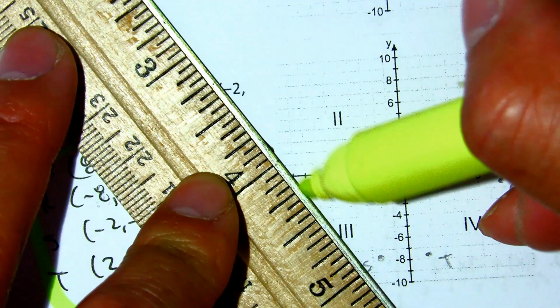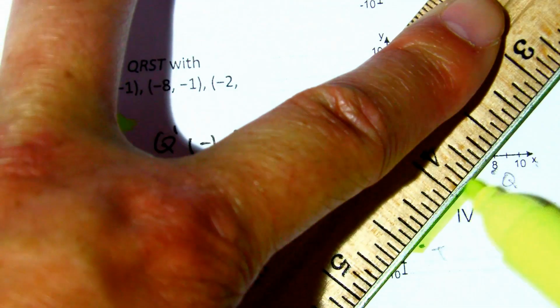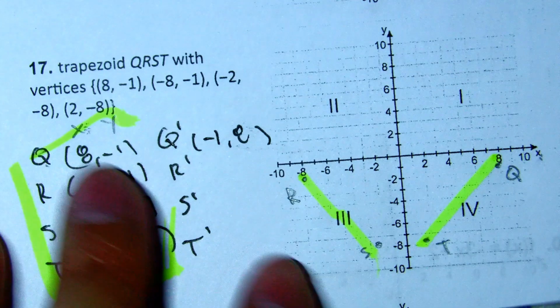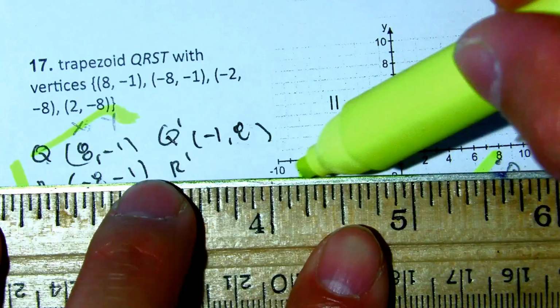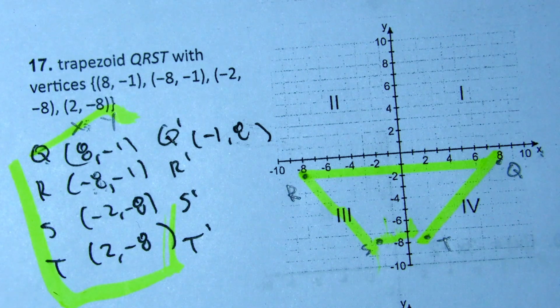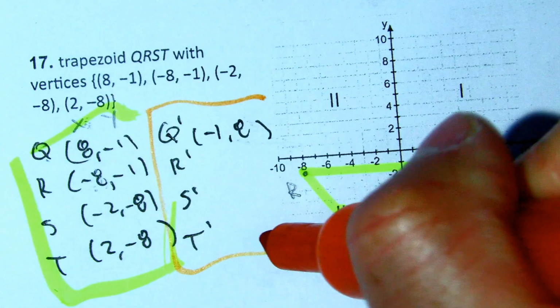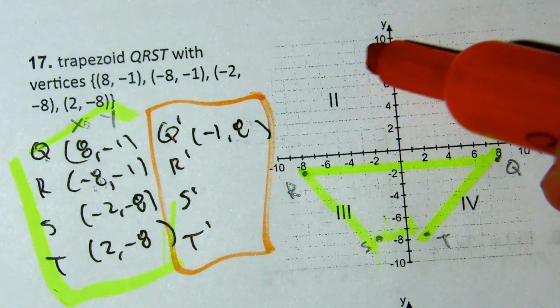When an X is negative, where do you go? Left. Yes. So left 1, then where? Up 8. Left 1, up 8. Q prime.